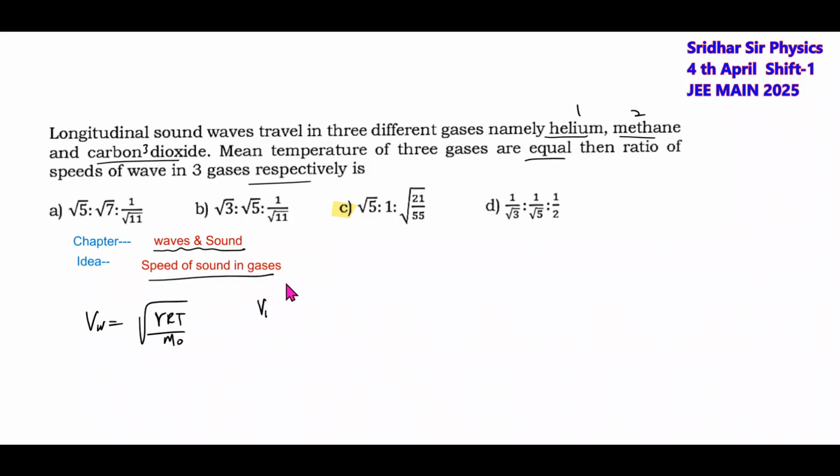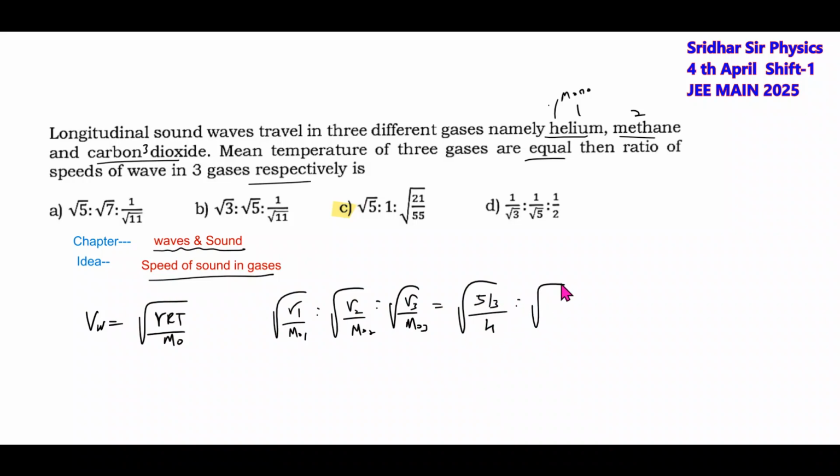V1. So I think the ratio will be gamma1 by M1, gamma2 by M2, gamma3 by M3, under root. For helium, a monoatomic gas, gamma will be 5 by 3, and molecular mass will be 4.